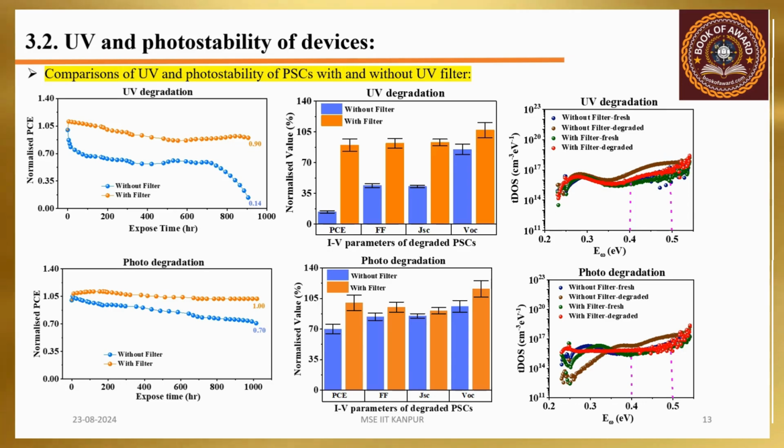So we can say that it has photostability beyond 1000 hours. This is the characteristic JV parameter of degraded perovskite solar cell with filter and without filter after degradation in one sunlight.